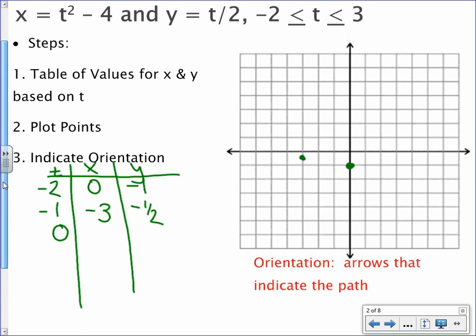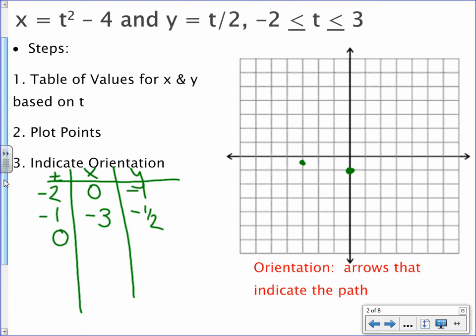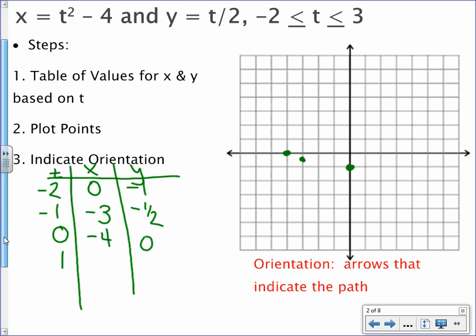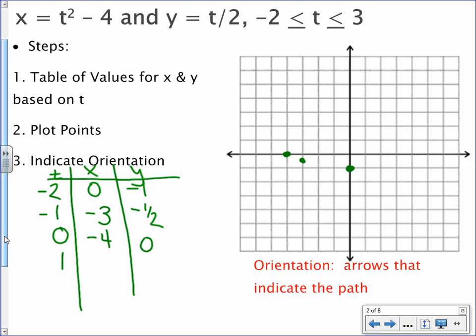What do we get for x? -4. How about y? Everybody, how about y? Thank you. I want to make sure you're actually listening here. t is 1. What do we get for x? -3. What do we get for y?